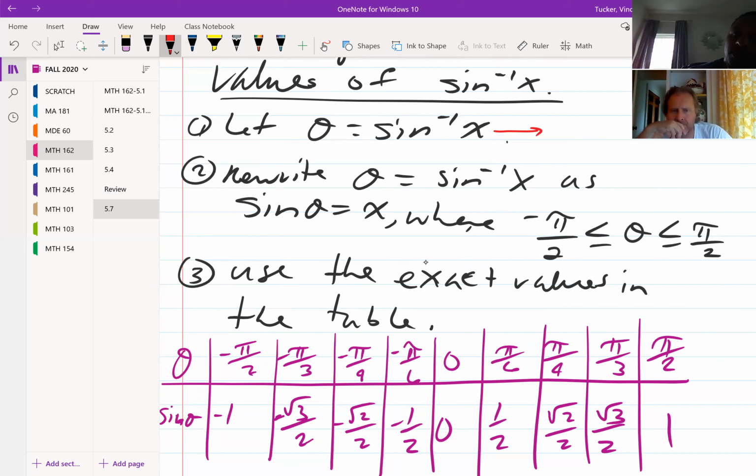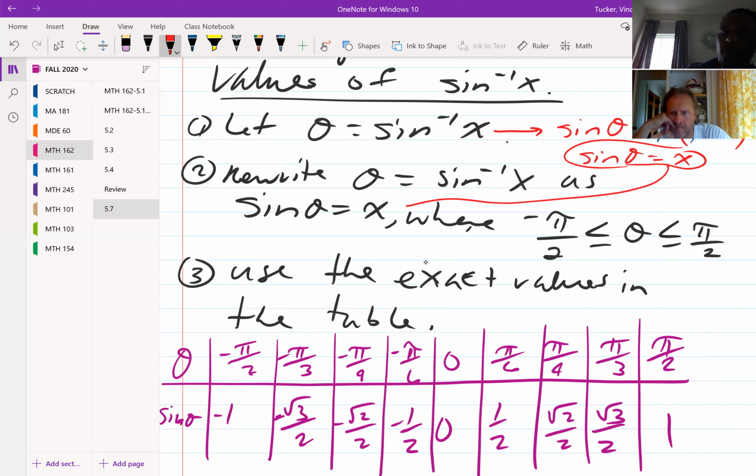If I were to apply sine to both sides, you know, sine and sine inverse will cancel basically, leaving me with sine theta equal to x. So that's what we're talking about here when you say rewrite theta equal to sine inverse of x as sine theta equal to x.